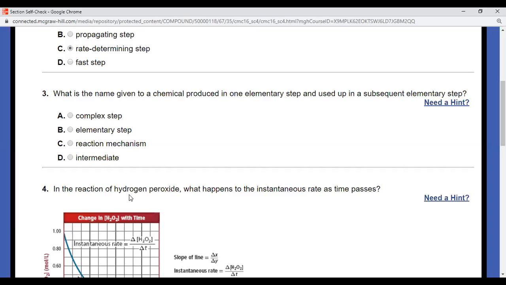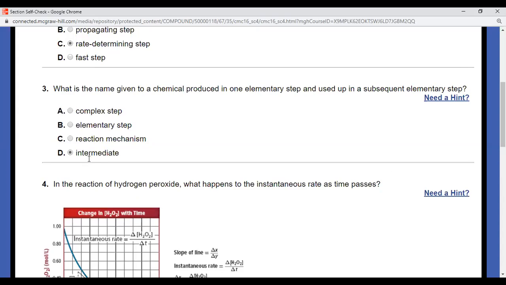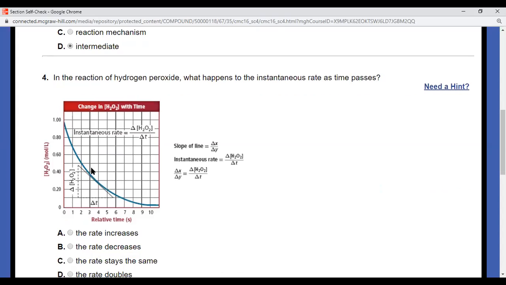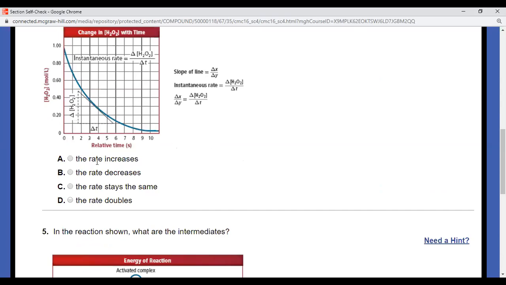Intermediate. Okay. In the reaction of hydrogen peroxide, what happens to the instantaneous rate as time passes? It decreased. Okay.